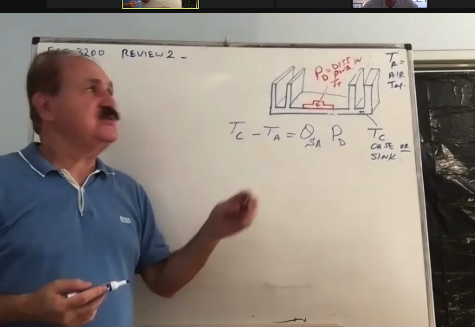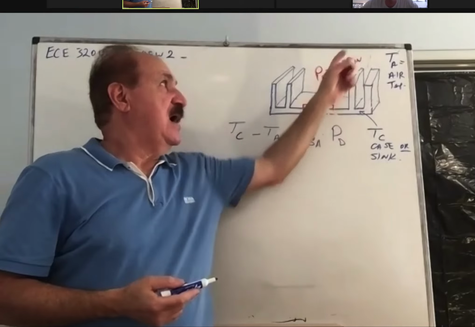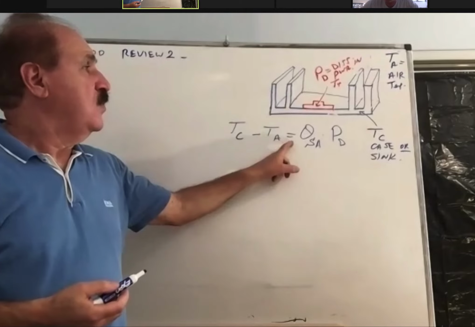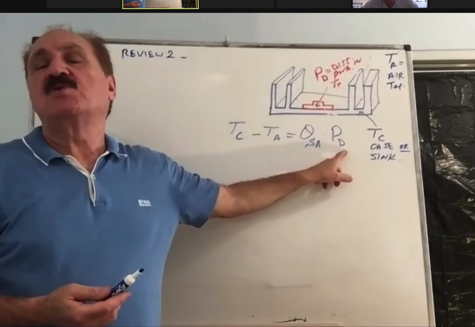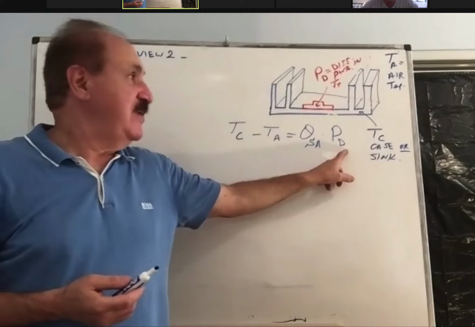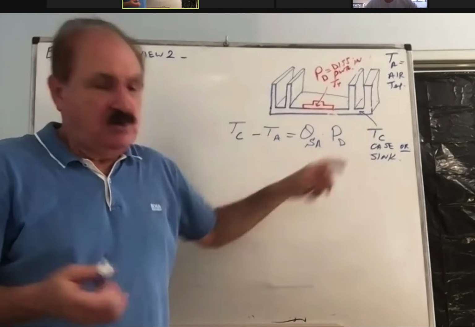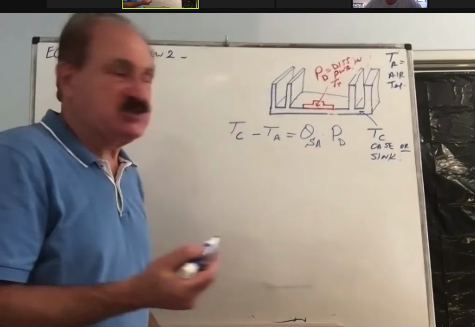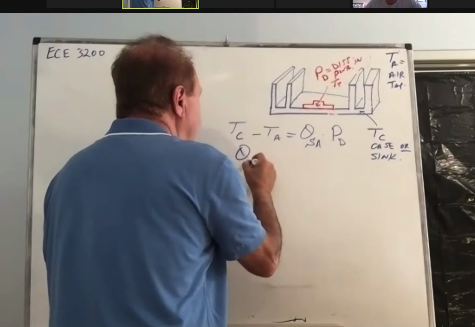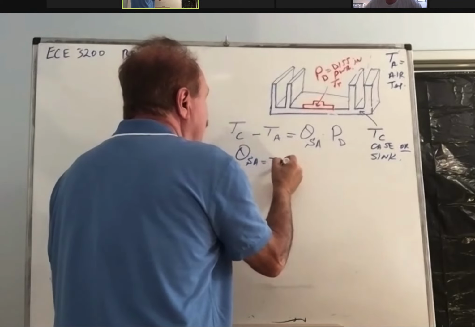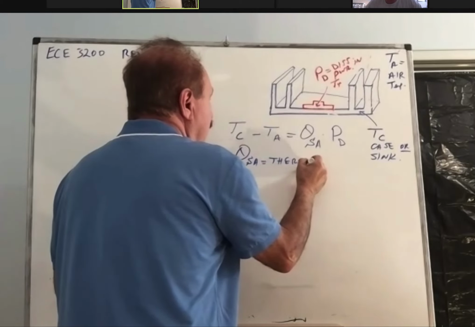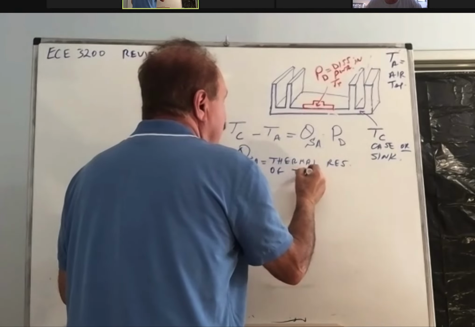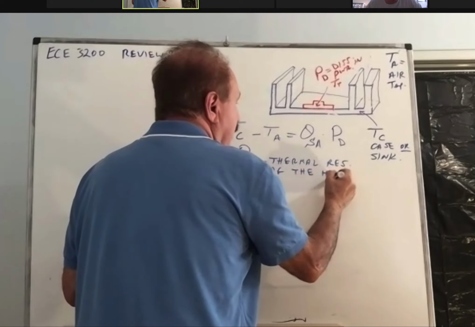So the temperature difference between sink and air, or the transistor and the air, will be proportional to the power being dissipated in the sink or delivered to the sink. Theta SA is called thermal resistance. Theta SA, known as the thermal resistance of the heat sink.